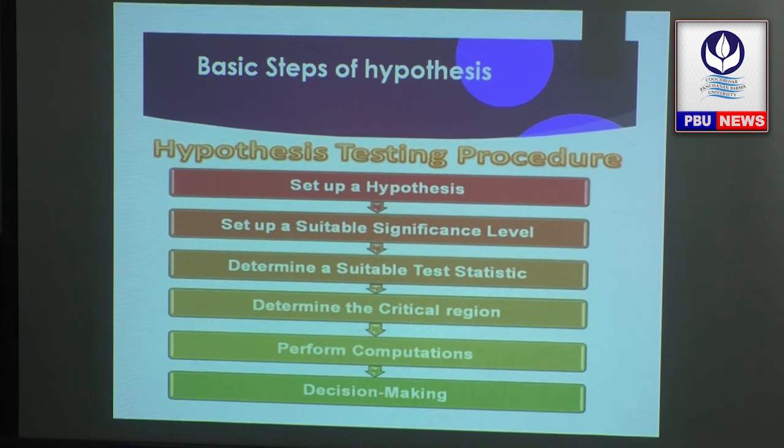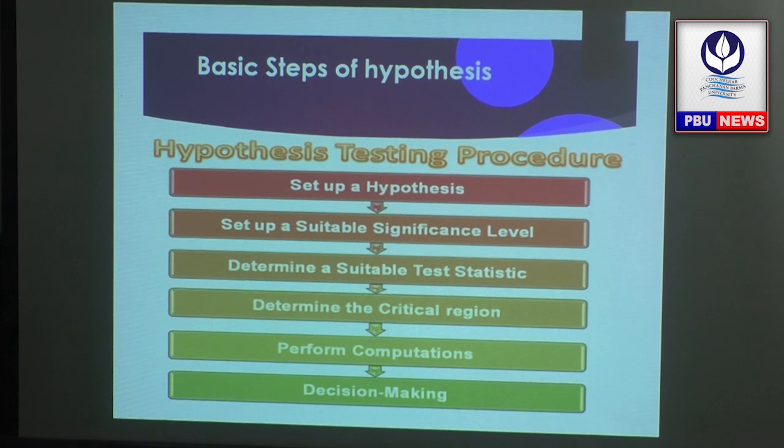Number 2, set up a suitable significance level, alpha equals 1%, 5%, 10%, whatever. Then determine the suitable test statistic, determine the critical region, perform the computation, and lastly, decision making.